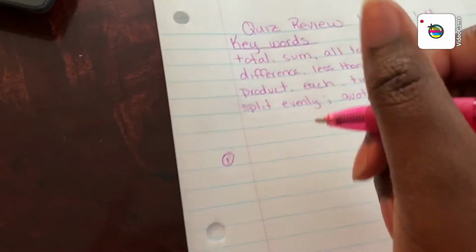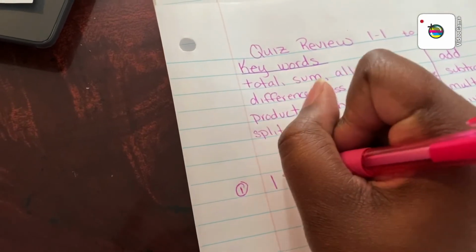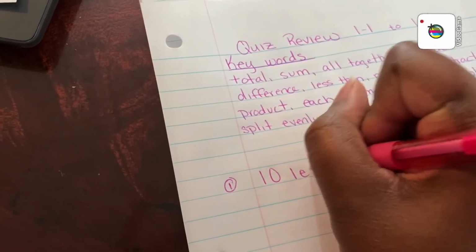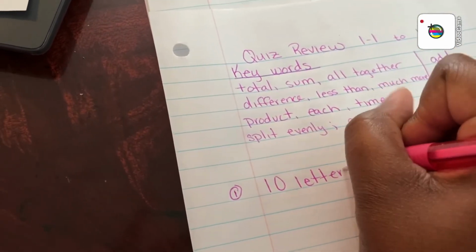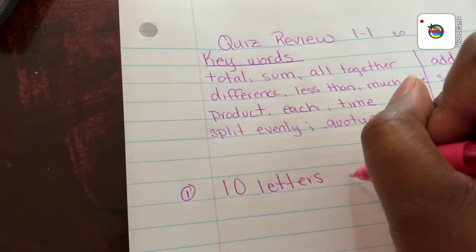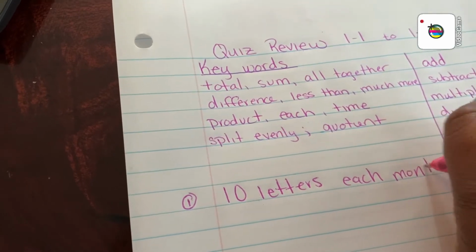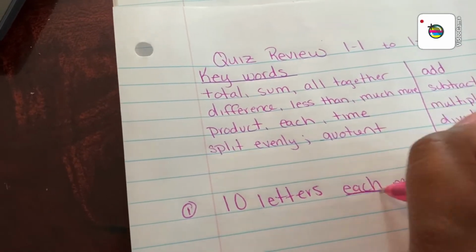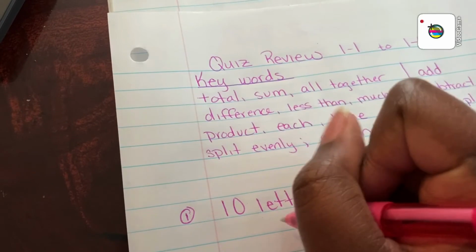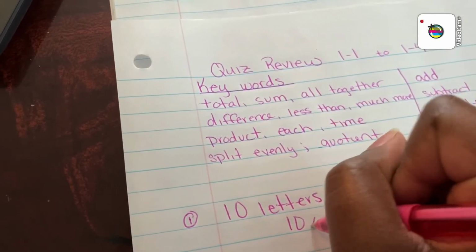She wrote 10 letters each month, so my keyword is each. So I'm going to represent that as 10x.